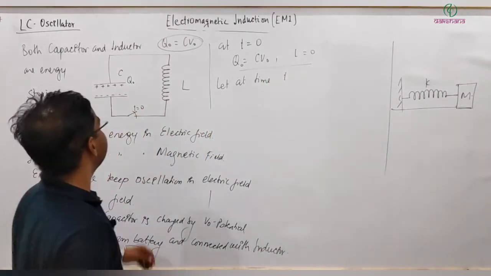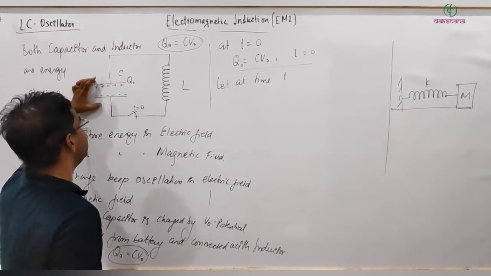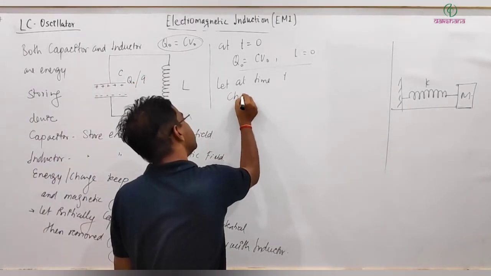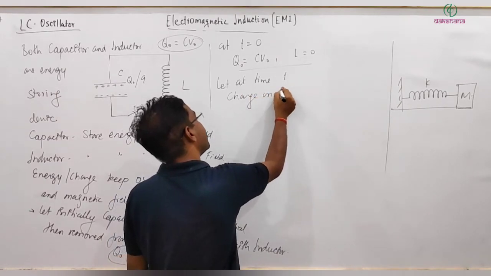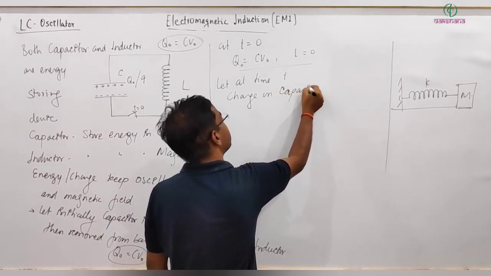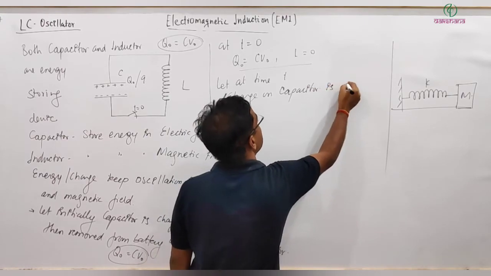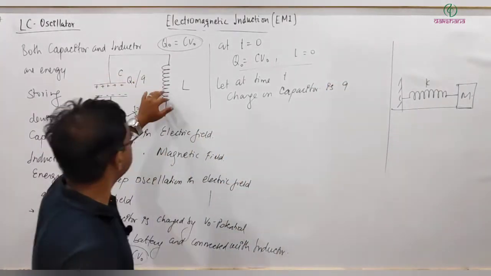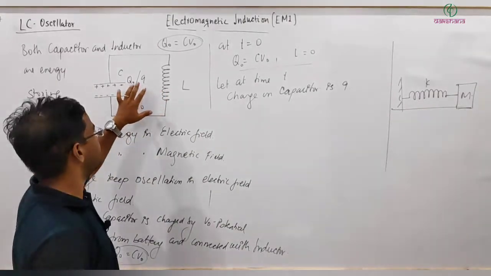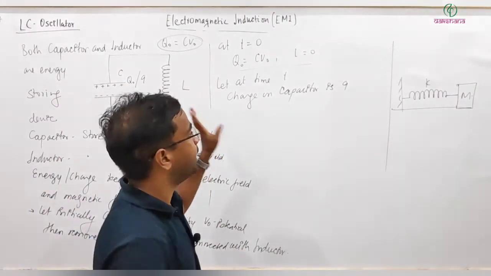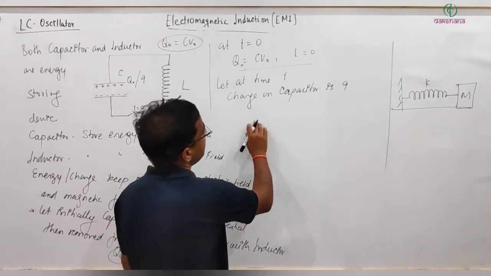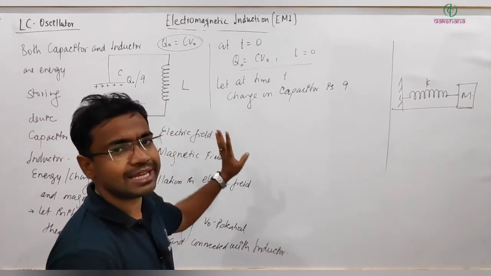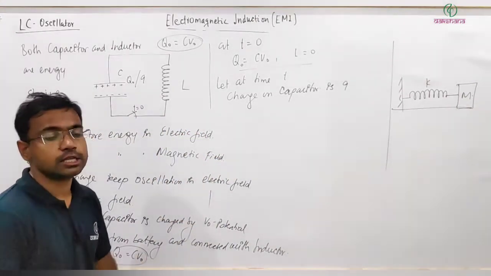Let at time t, I will write the charge on this plate. Let's say the charge on the capacitor is Q, because initially it was Q0, now it keeps supplying some amount of charge, so at some time t the charge is Q. I just need to take care of the charge and sign.